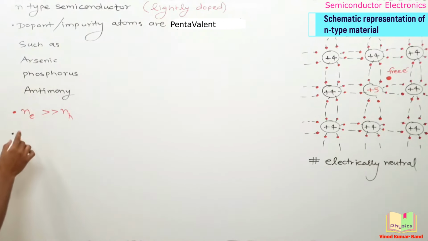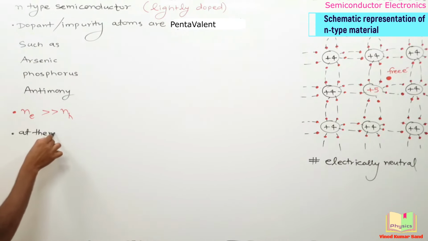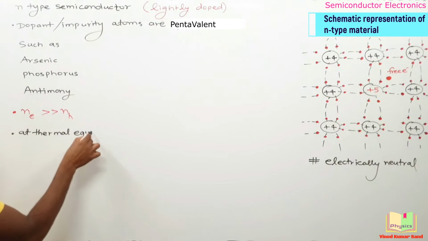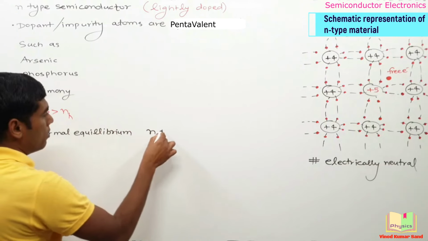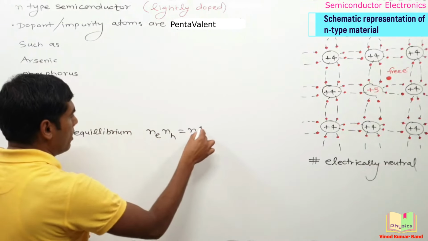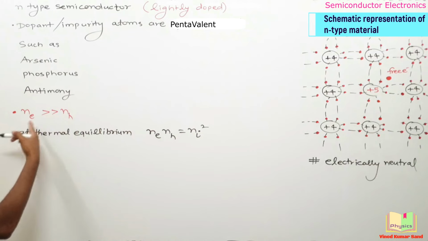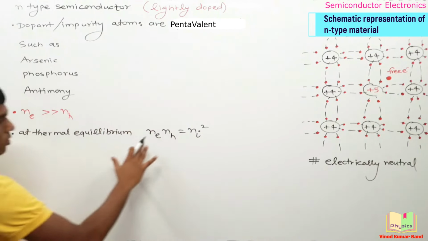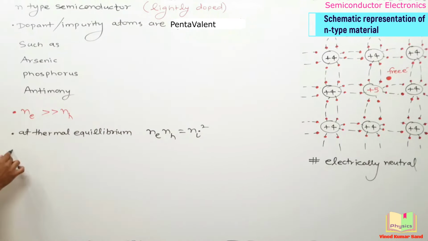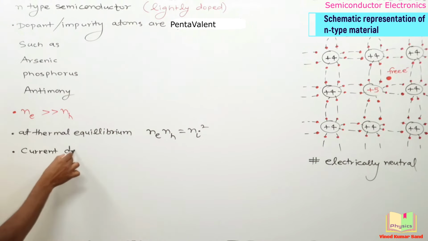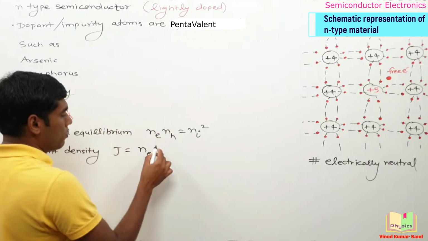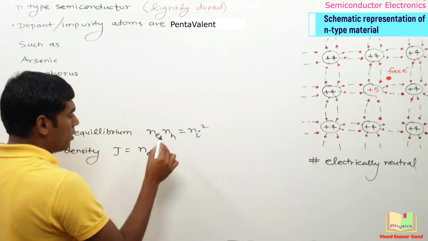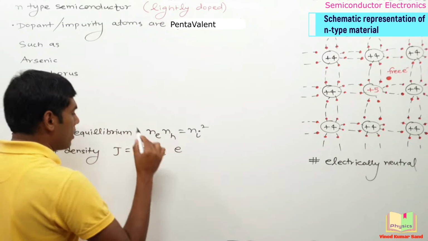For these kinds of semiconductors also, at thermal equilibrium we can use the law of mass action: Ne into Nh is equal to Ni squared, where Ne again indicates the number of free electrons per unit volume. The current density J is equal to Ne V_E multiplied by the electronic charge.